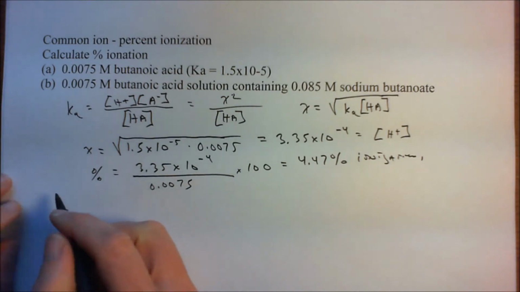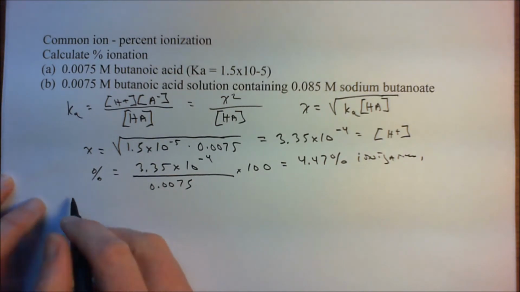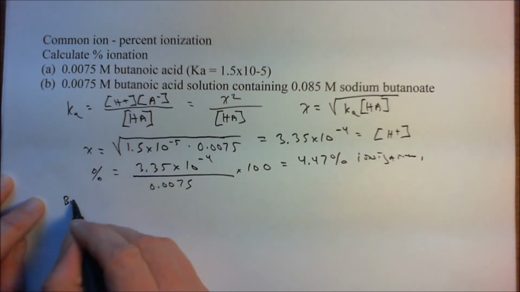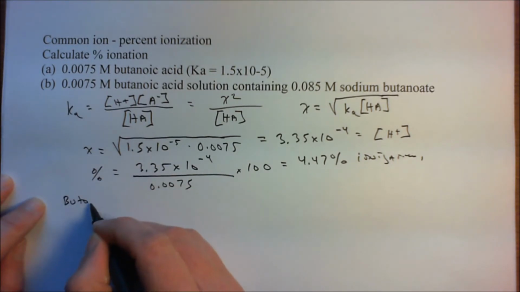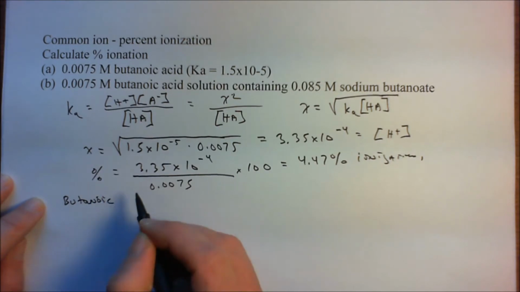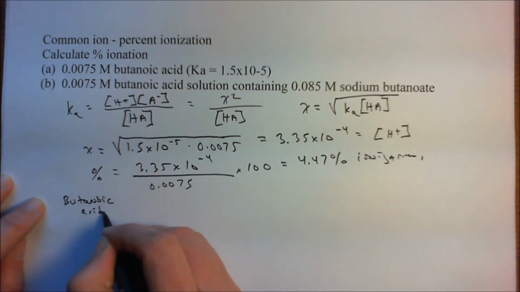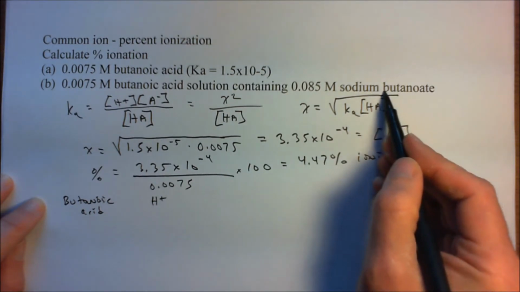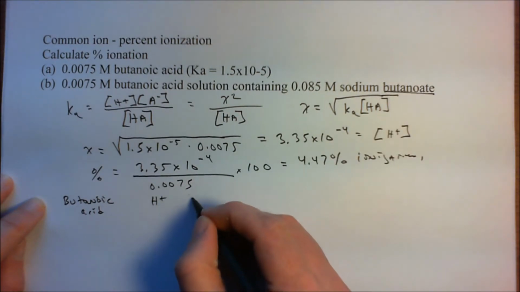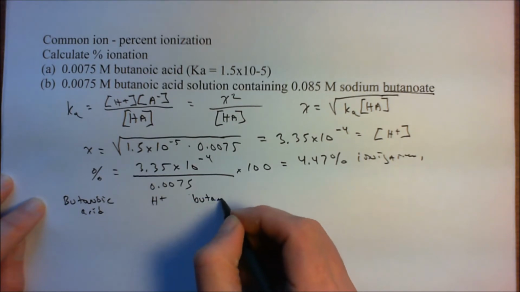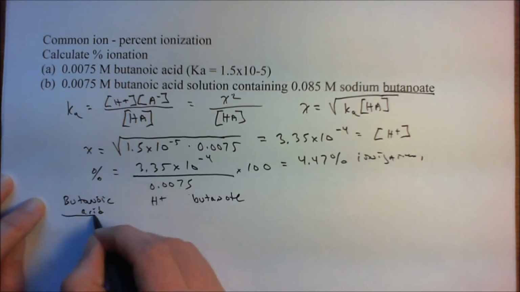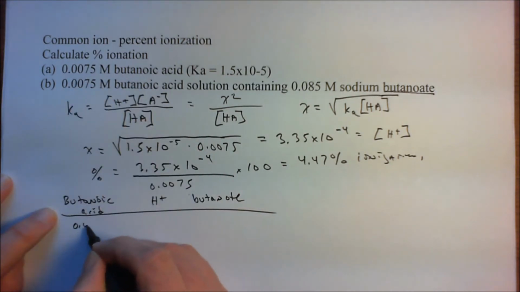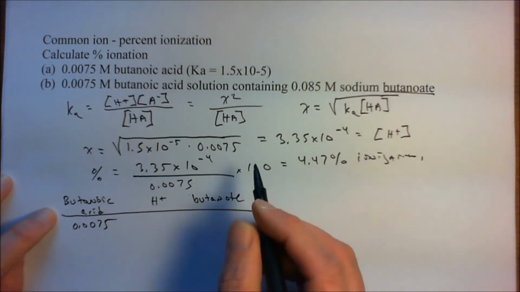Well, we'll use our ICE method on that, so that's initial, change, and final. Let's go ahead and put our concentrations down: butanoic acid, our H plus concentration, and our conjugate base, which is the butanoate. Initial concentration of butanoic acid is 0.0075 molar.